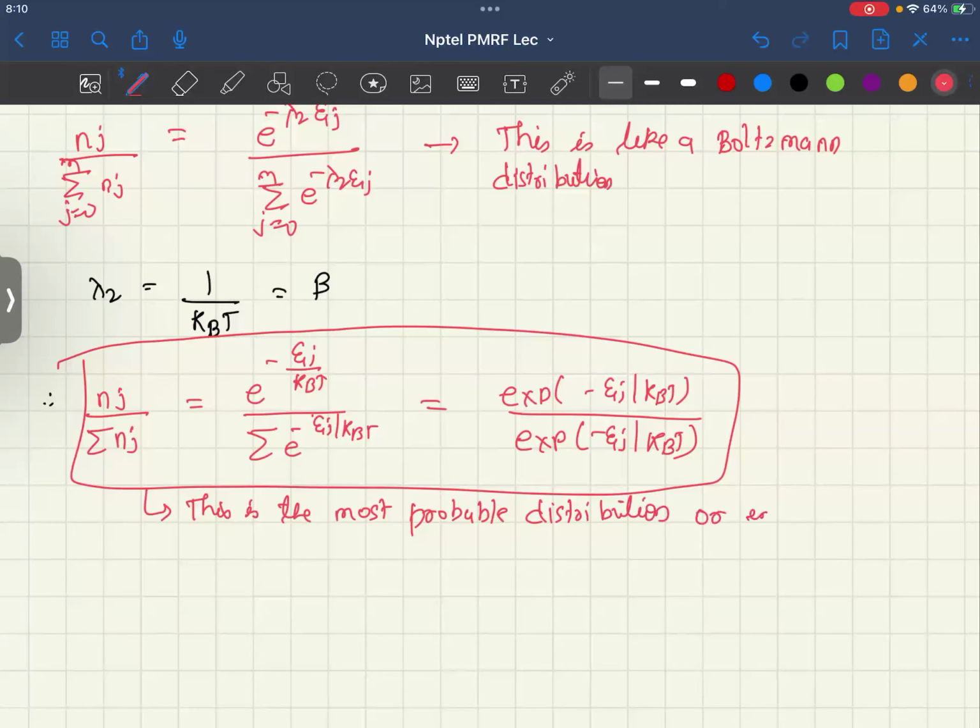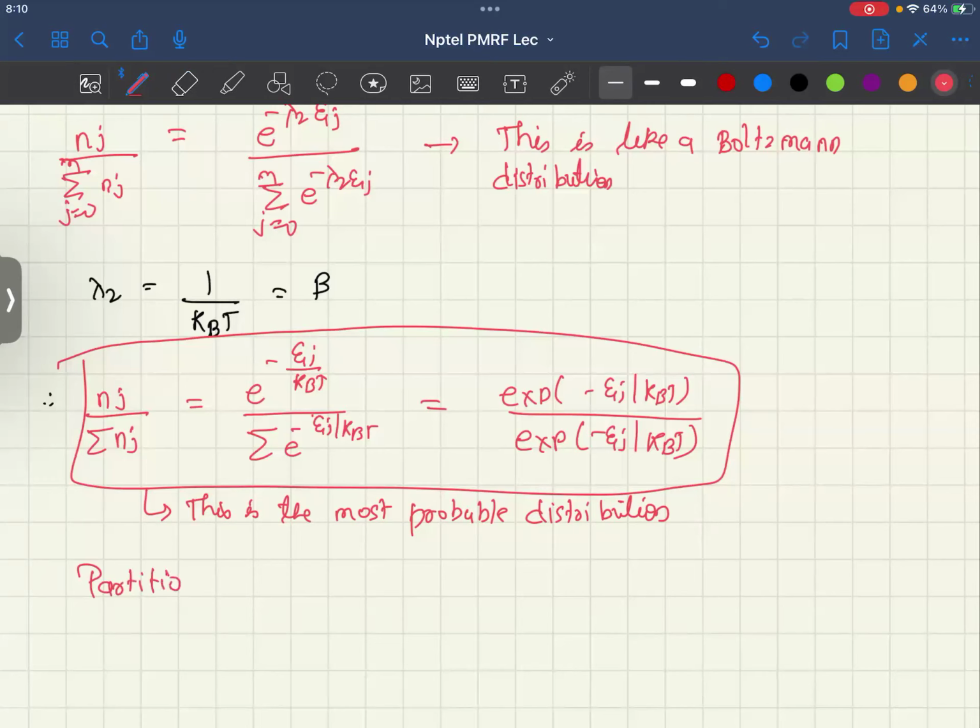So for the microcanonical ensemble, the partition function is what?